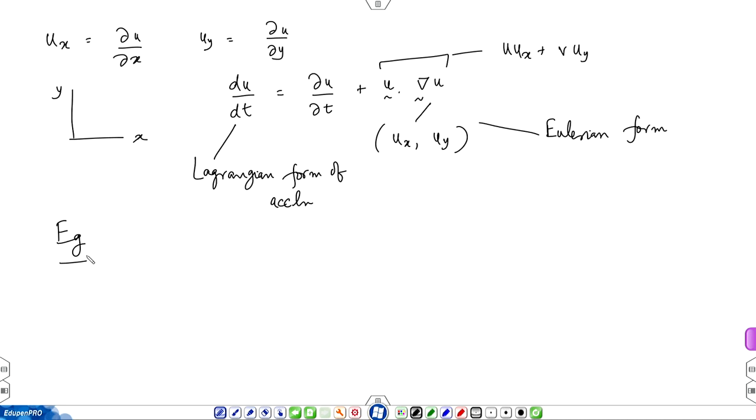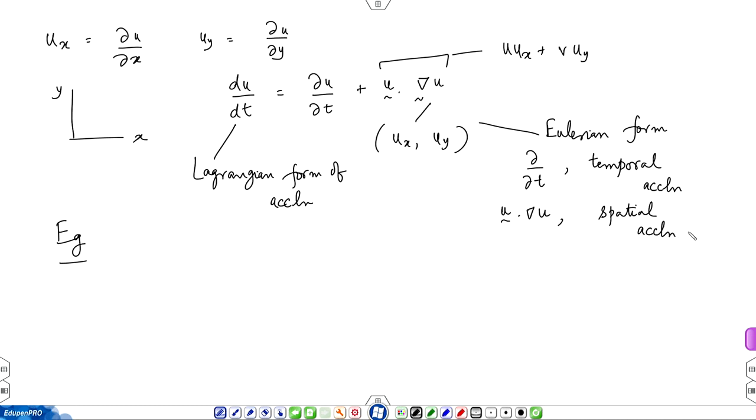Okay, so maybe I can dwell on this subject of acceleration a little more. In the Eulerian form, this derivative is often called the temporal derivative, or temporal acceleration, and the second term is called the spatial acceleration.